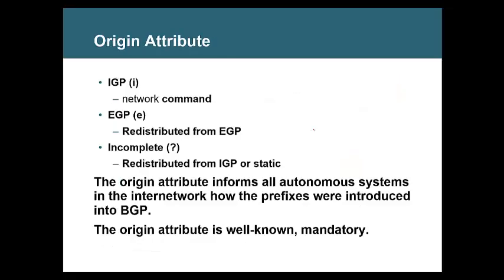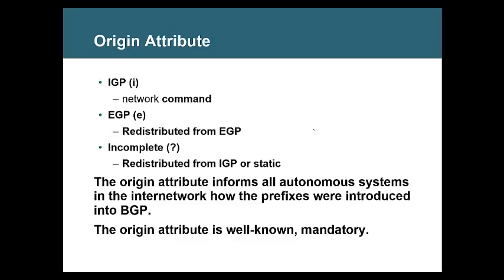As I said, origin describes how the network is introduced. When we use the network command to advertise, it is I. When you use the old protocol called EGP to advertise, then it is E. We don't have EGP in today's routers.